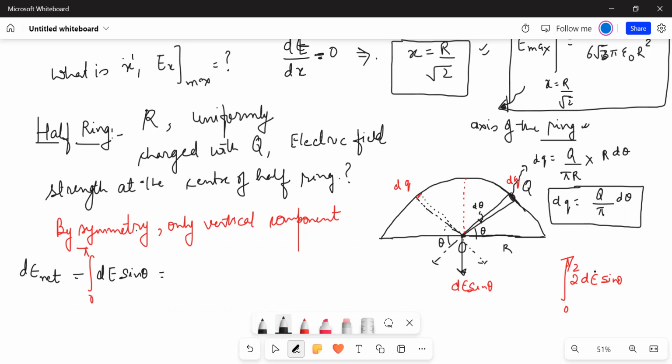If you are writing 2 dE sine theta, only integrate from 0 to pi by 2, because in covering 0 to pi by 2, you have covered this side and this side also. I hope I am able to explain.